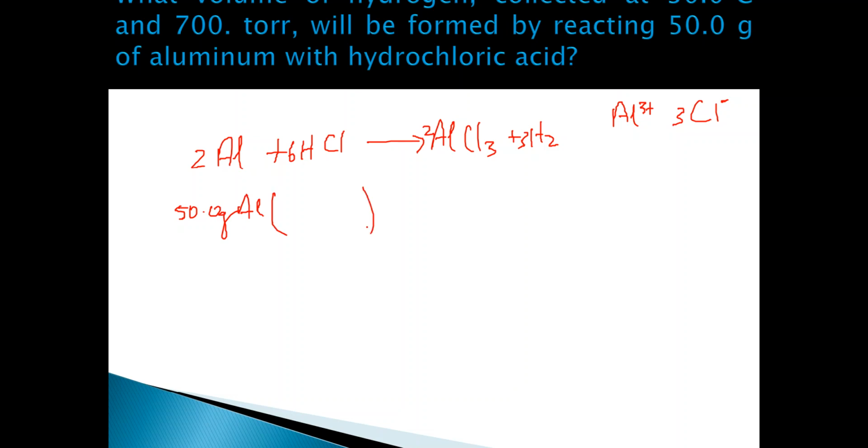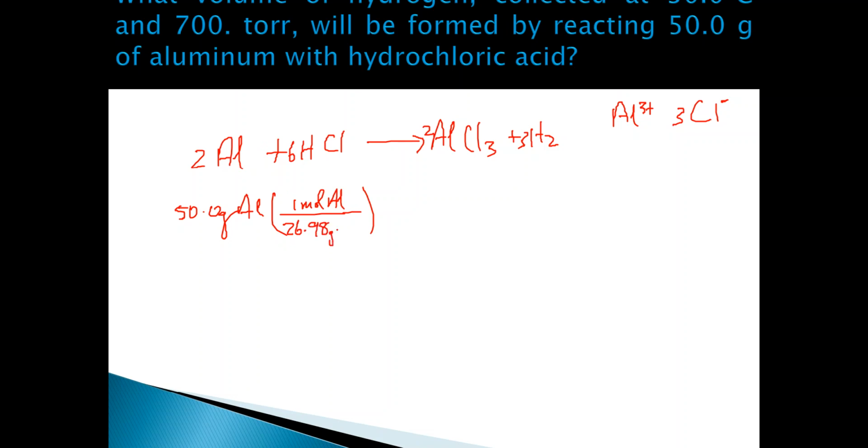So the first thing I would do is convert this to moles. So 1 mole of aluminum would be at the top. And the molar mass, so let me look up the molar mass of aluminum. According to my version of the periodic table here, the molar mass of aluminum is 26.98 grams.